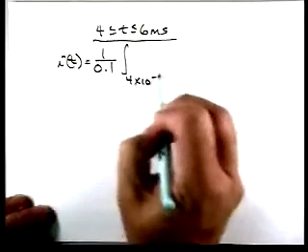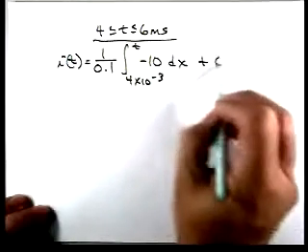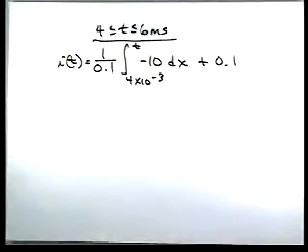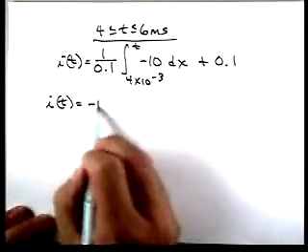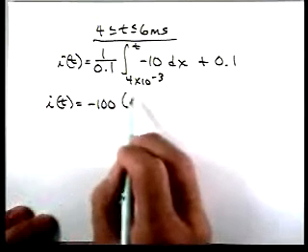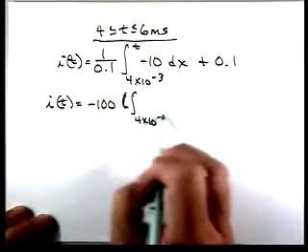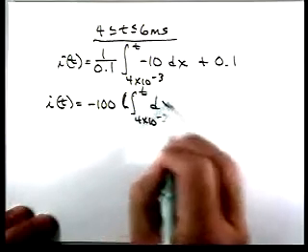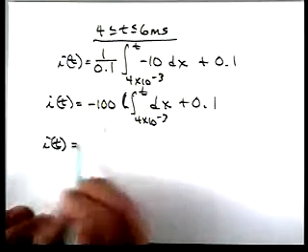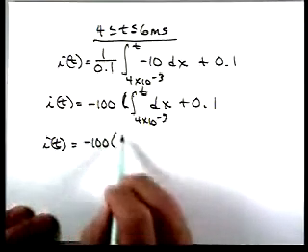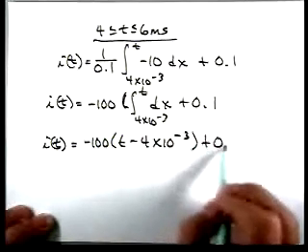Now we're integrating from 4 milliseconds to t. The voltage is -10, and here's the 0.1 that we just calculated. So we have -100 times the integral from 4 times 10 to the -3 to t of dx plus 0.1. So we have -100 times (t minus 4 times 10 to the -3) plus 0.1.